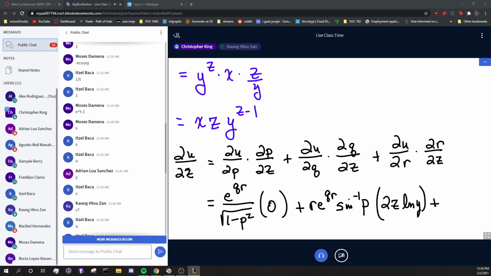And we're going to have plus q e to the qr times the sine inverse of p. Now we're going to multiply that by the partial of r with respect to z, which is going to be equal to what?